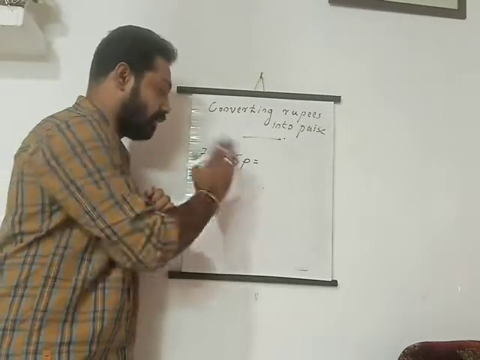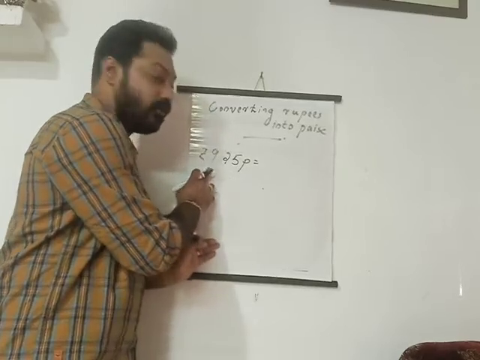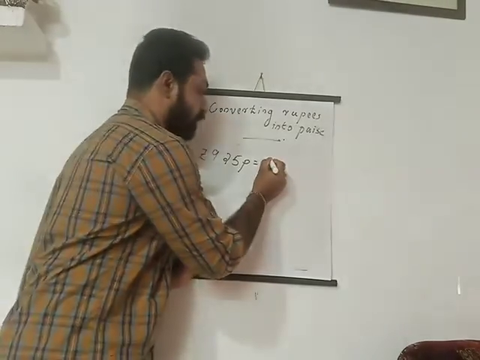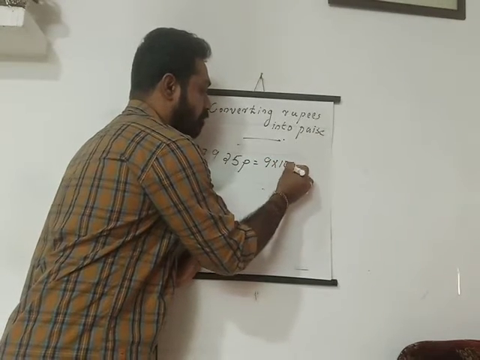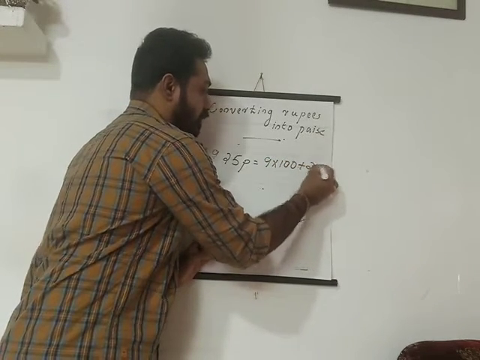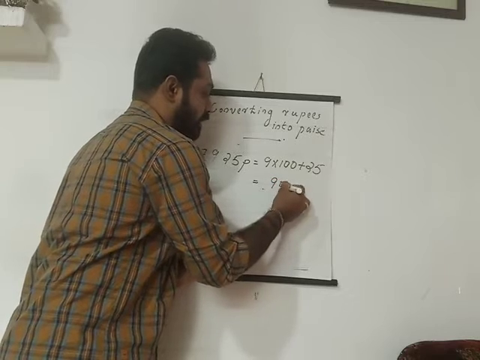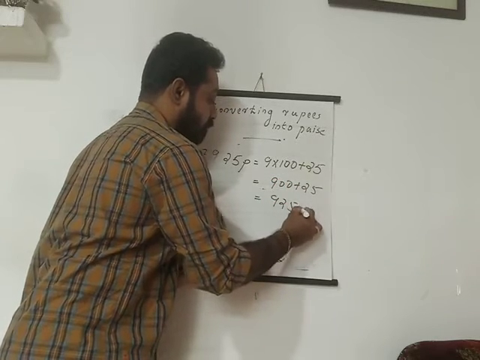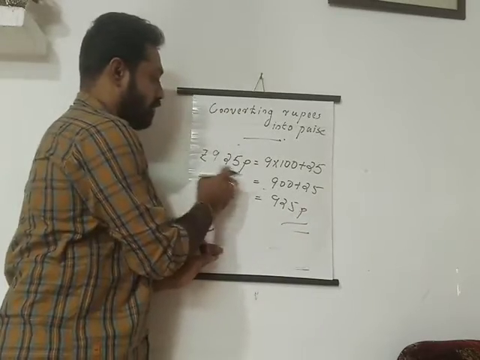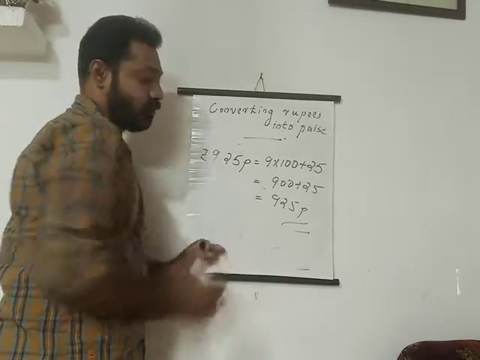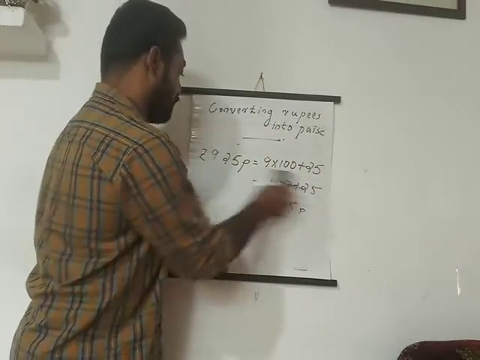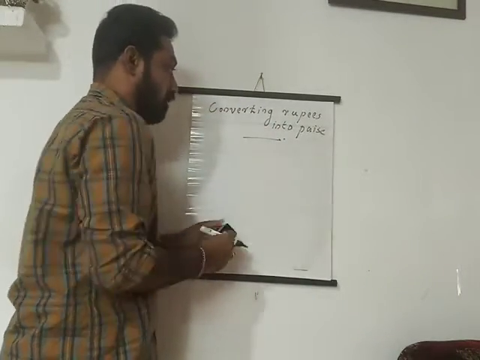Here we have to convert rupees 9 and add 25. So 9 into 100 plus 25. 9 into 100 is 900, plus 25, the answer is 925 paise. So this is the way of converting rupees into paise.